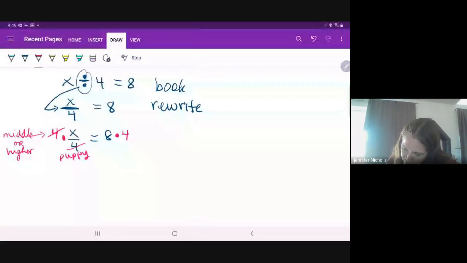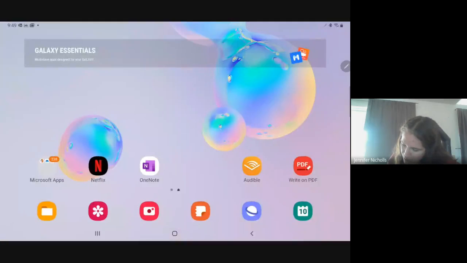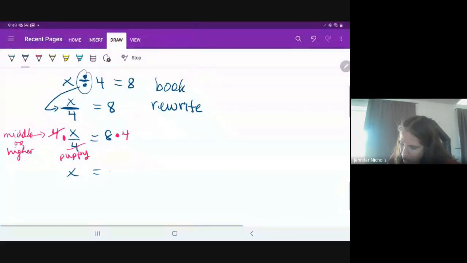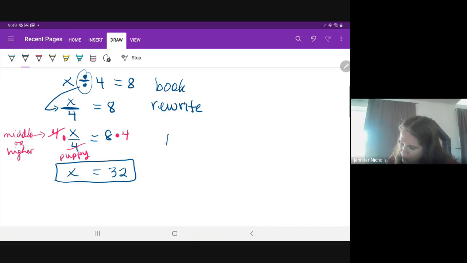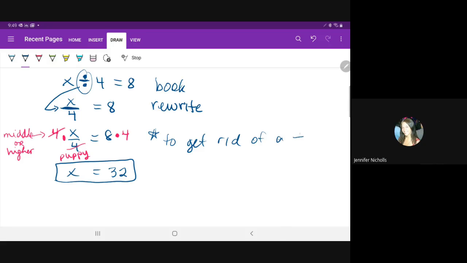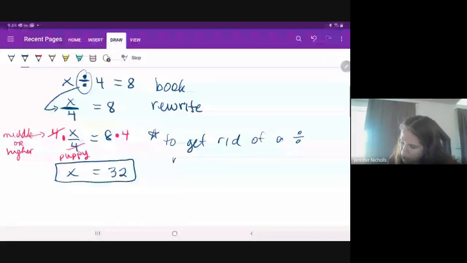And then they cross out, and you get x equals 30. So let's write a little note here because this one's kind of tricky. So to get rid of a division, you're going to multiply by the bottom number.